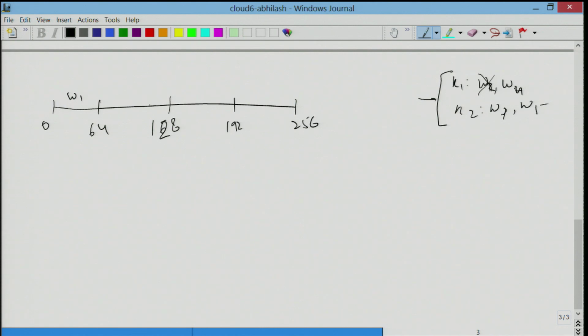So I will assign the first 64 keys to worker 1, then worker 2, worker 3 and worker 4. Right. So the benefit of this is that the routing information that everyone needs to maintain is much smaller. Right. So I just need to remember 4 entries instead of 256 entries.